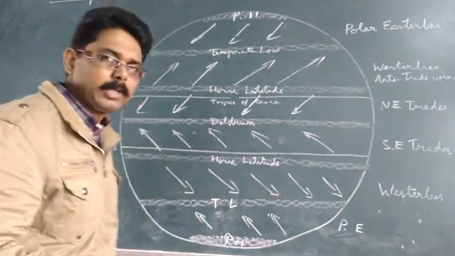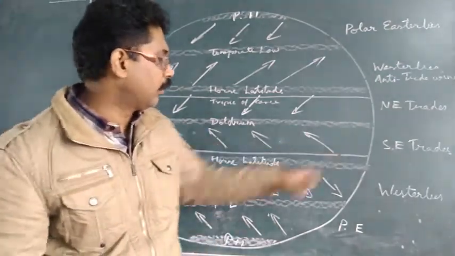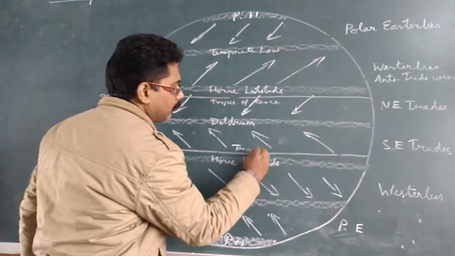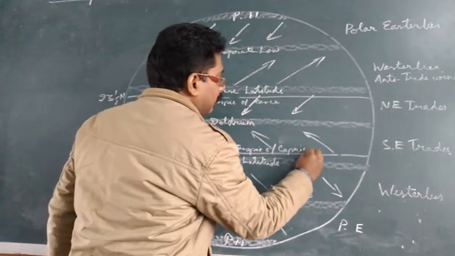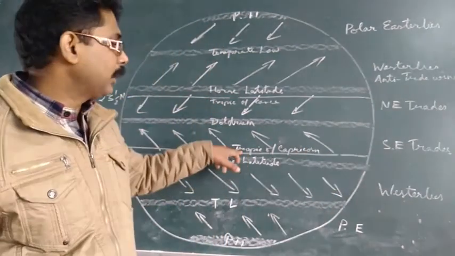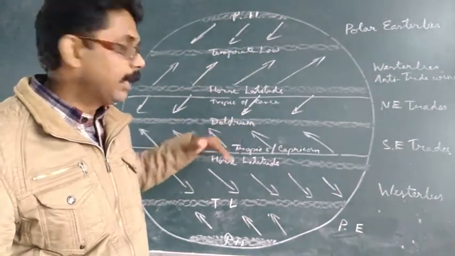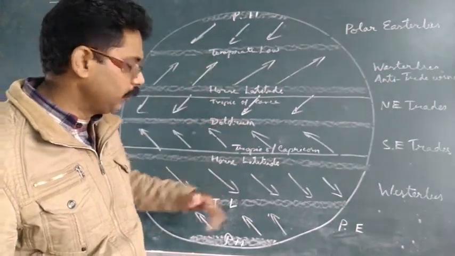In the winter season, what happened? All of you know, the sun rays fall vertically on the Tropic of Capricorn. So the sun rays fall vertically here. Because of the high temperature, the doldrum shifts downward, and together with the doldrum, all the pressure belts shift downward.